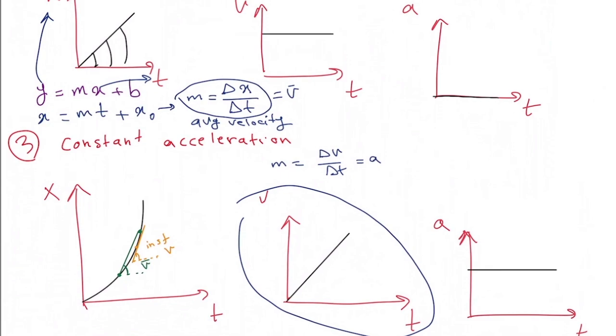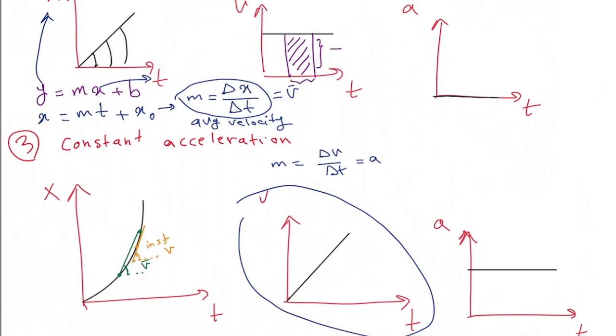But how do we find change in position from the vt graph or change in velocity from the at graph? The area under the curve in the vt graph is actually equal to change in position. This is very easy to see because if I want to find the area, I have to multiply this by this leg.